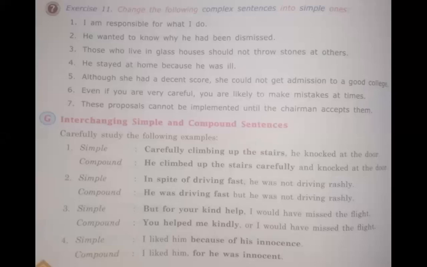So what we get here is: he was driving fast, but. When you have in spite of there, you'll put but. This gives us a sense of how to implement this practically in our day-to-day life, which will help us frame sentences in a realistic way.